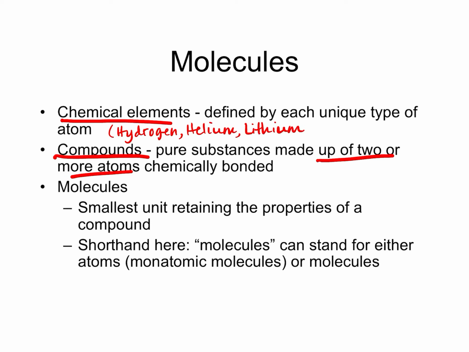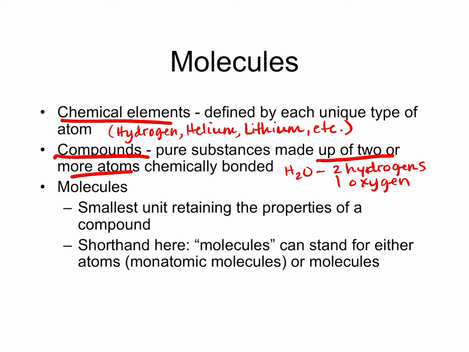So just those specific elements listed, you know, their own little box on the periodic table. And then compounds, an example of that would be like H2O. Okay, it's made up of 2 hydrogens, 1 oxygen, so it's made up of 2 or more atoms, okay? So that is a compound.